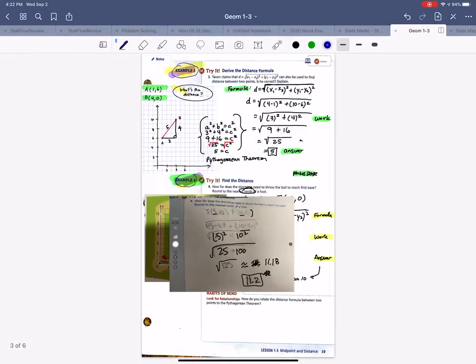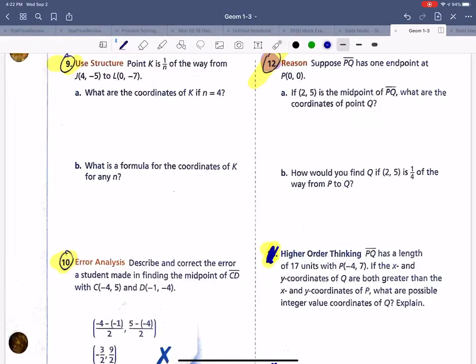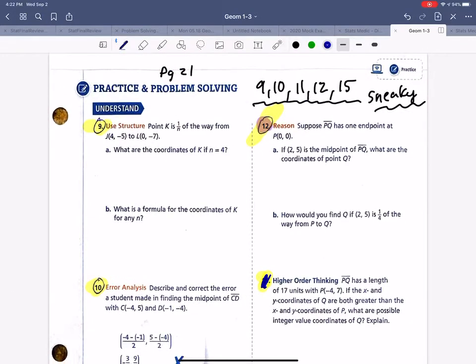Let's do some notes here, or look at our notes. Question number 9: point K is 1/n of the way there from J (4, -5) to L (0, -7). I said in class, algebra is hard here, but I think I can do this with graph paper.